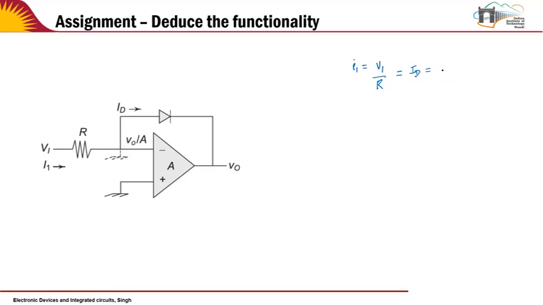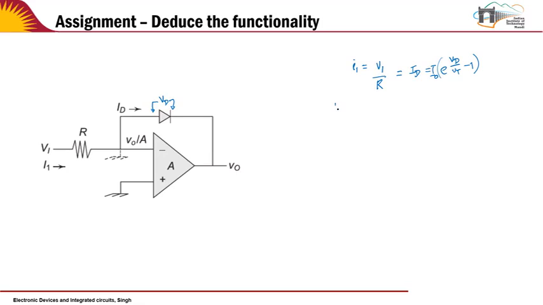We know from the formula that it's I naught times exponential of VD, some voltage drop across the diode, over VT, which is the thermal voltage, minus 1. I naught is the reverse saturation current.